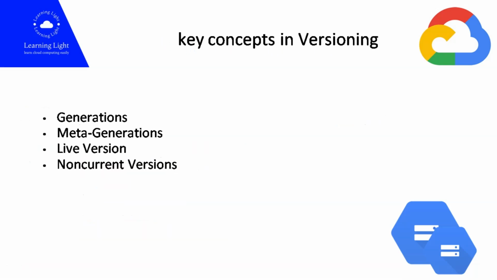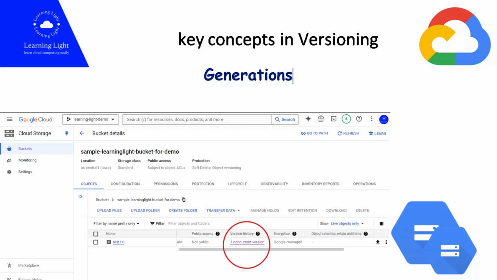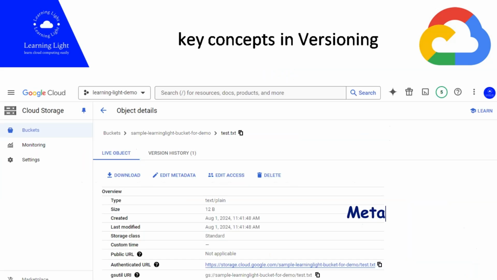Here's a breakdown of key concepts. Generations: each object version receives a unique generation number assigned sequentially. Every modification creates a new version with an incremented generation number. Meta-generations: even without versioning enabled, objects have meta-generations that change when object metadata, for example permissions, is modified.